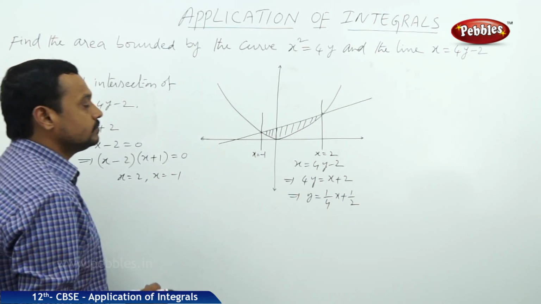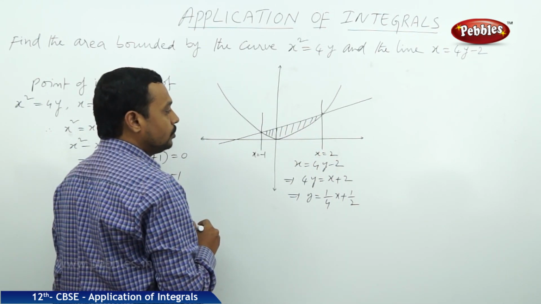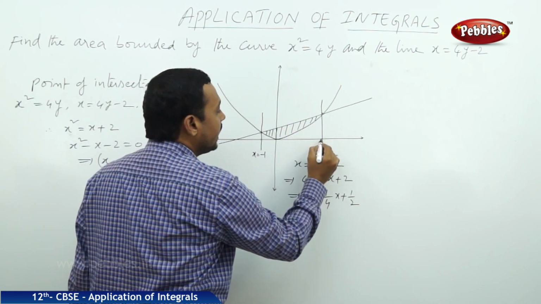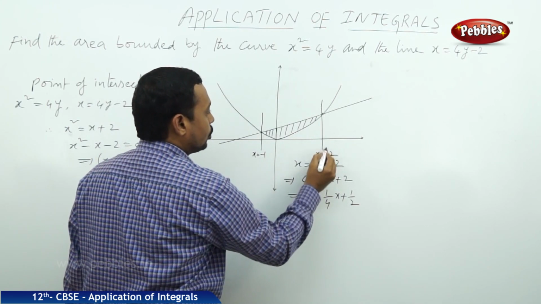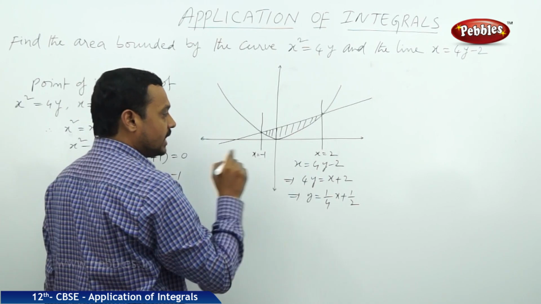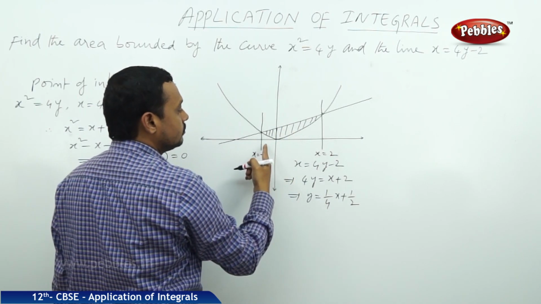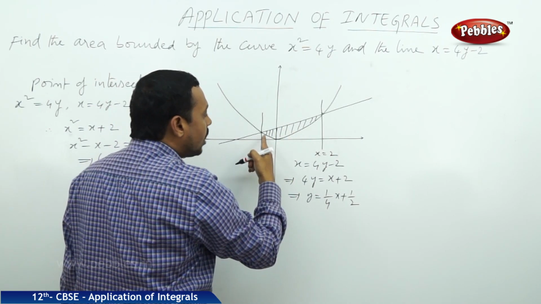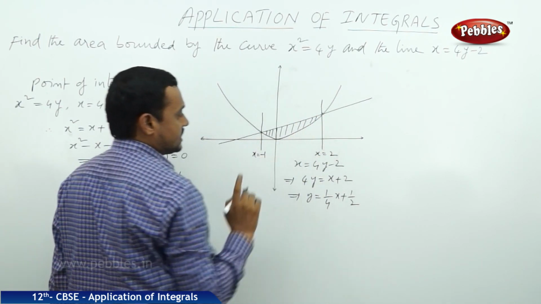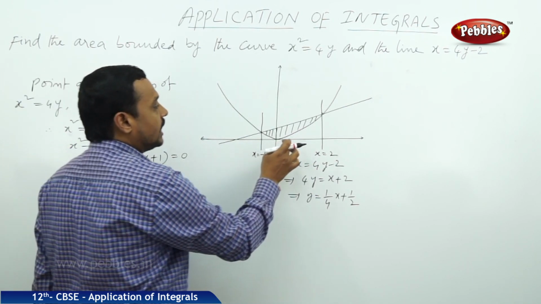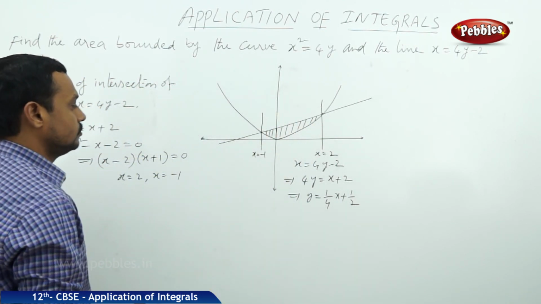Now here you see, this shaded area is equal to the total area formed by x is equal to -1 and x is equal to 2 with the straight line, minus the area under the curve x square is equal to 4y formed by the same lines x is equal to -1 and x is equal to 2 with the x-axis. So the difference of the two areas gives the area bounded by the line and the curve.